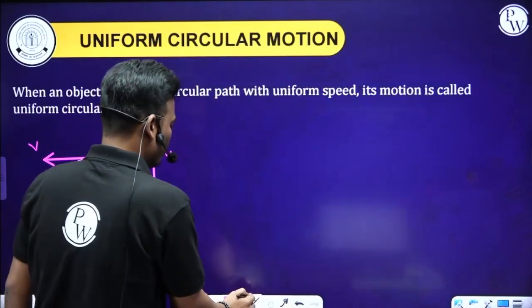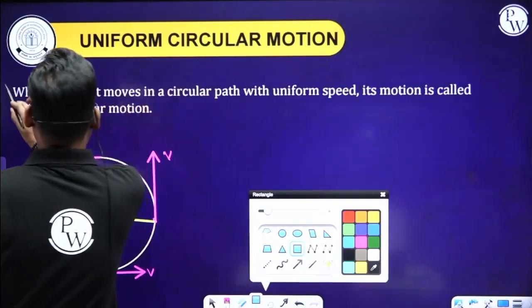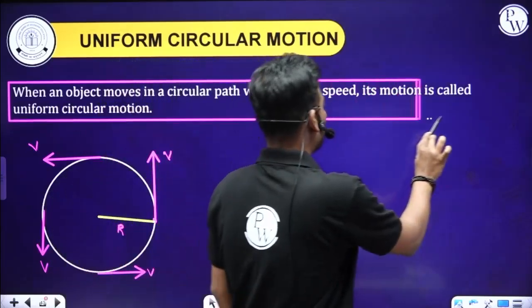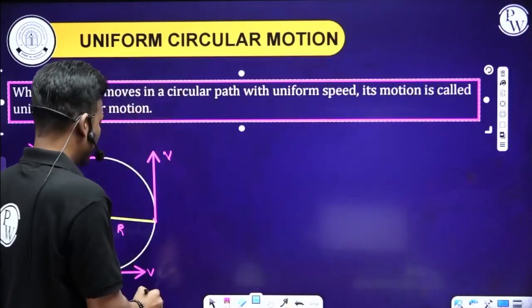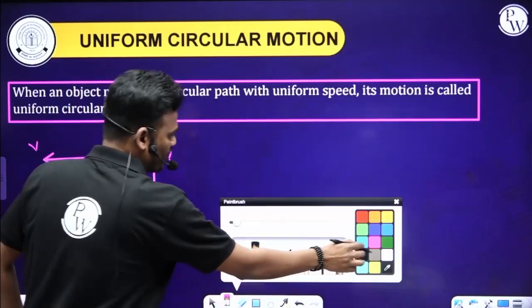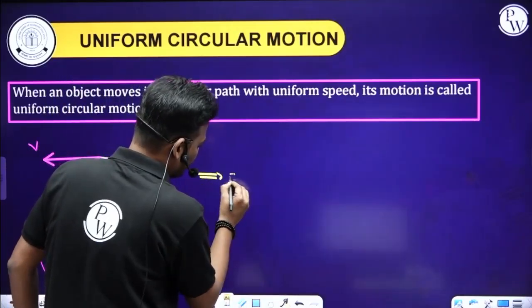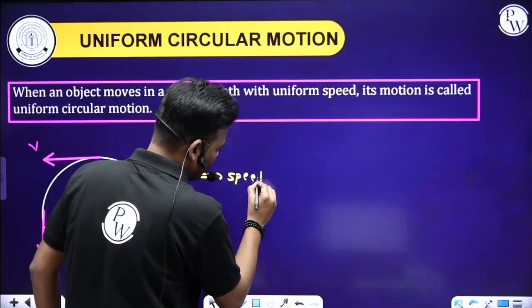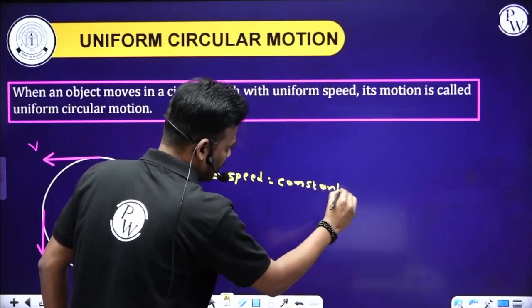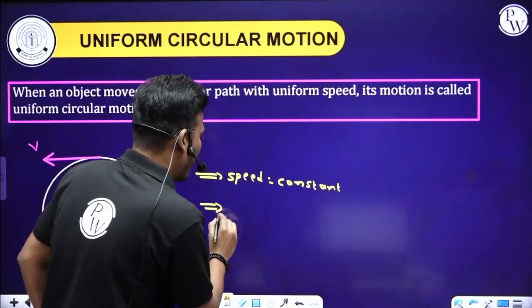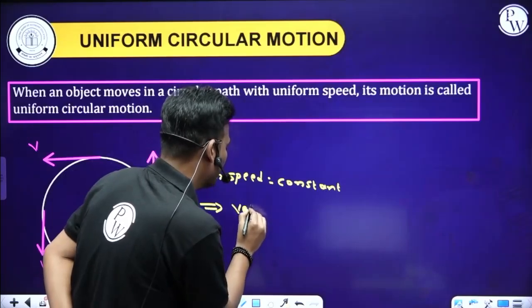So when an object moves in a circular path with uniform speed, it is called uniform circular motion. In this particular situation, we can conclude that speed is constant. And what about velocity?